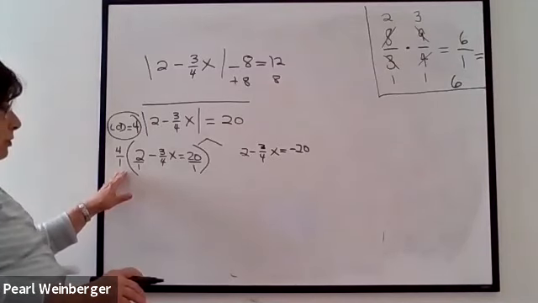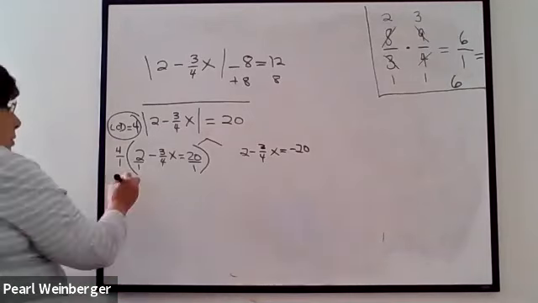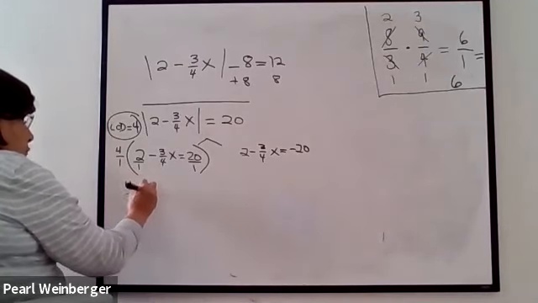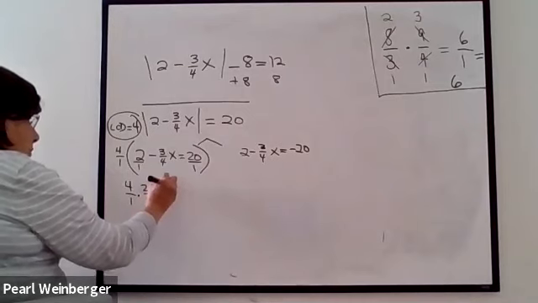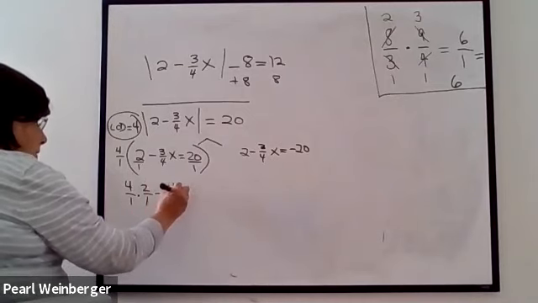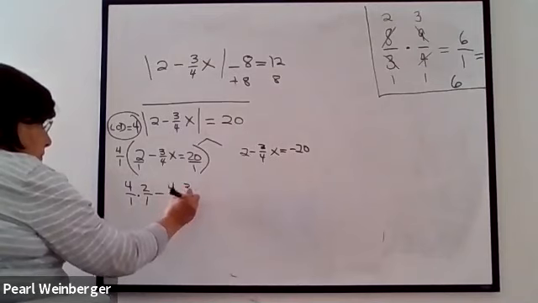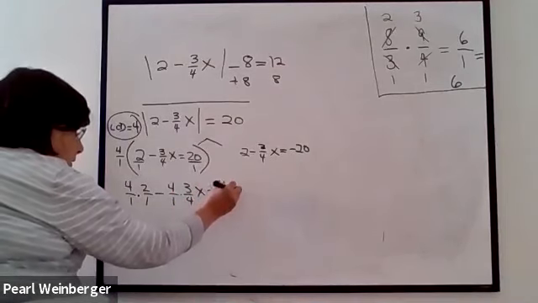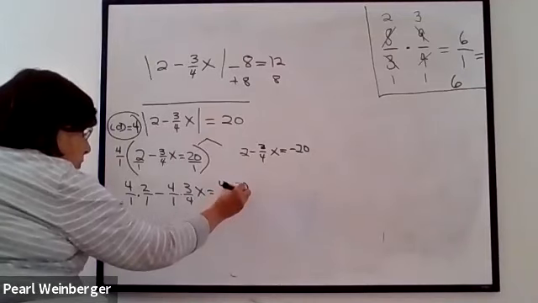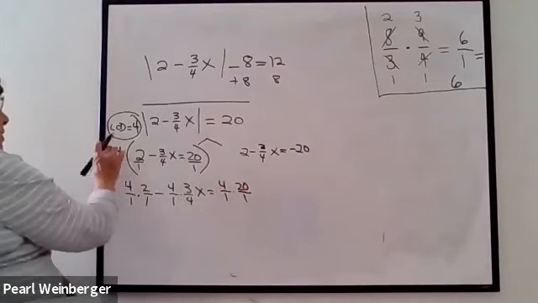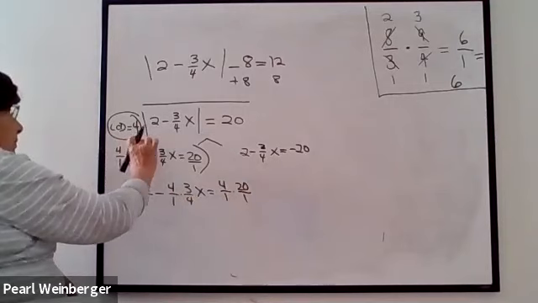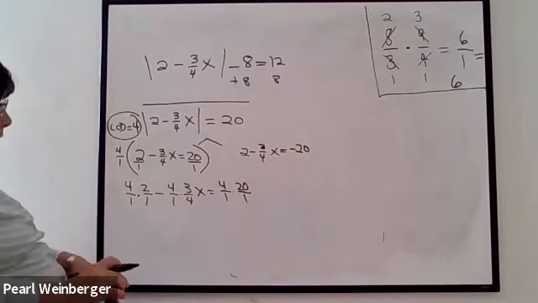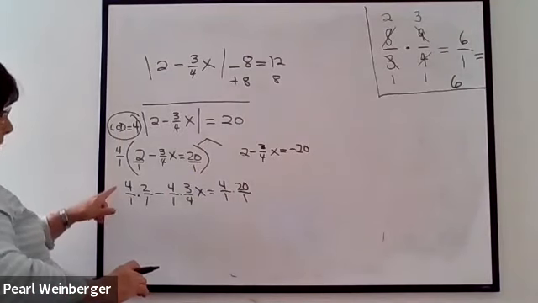Now I'm going to have to distribute that 4 over 1. So I'll have 4 over 1 times 2 over 1 minus 4 over 1 times 3/4 x equals 4 over 1 times 20 over 1. I stick in this 4 over 1 next to each one of these terms, both sides of the equation.